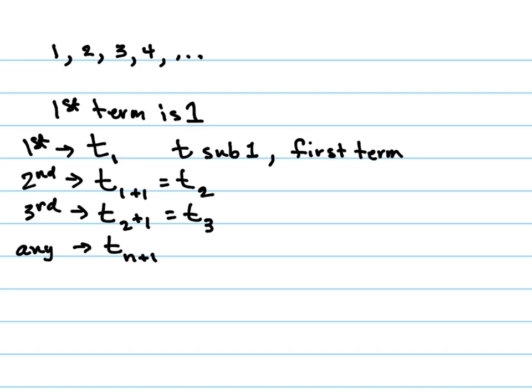Now, we're also going to be talking a little bit about what's called the common difference. And that's how you know that something is an arithmetic sequence, because you're going to have a common difference. The symbol for common difference is d. Now, the first term also has a specific letter that we use.